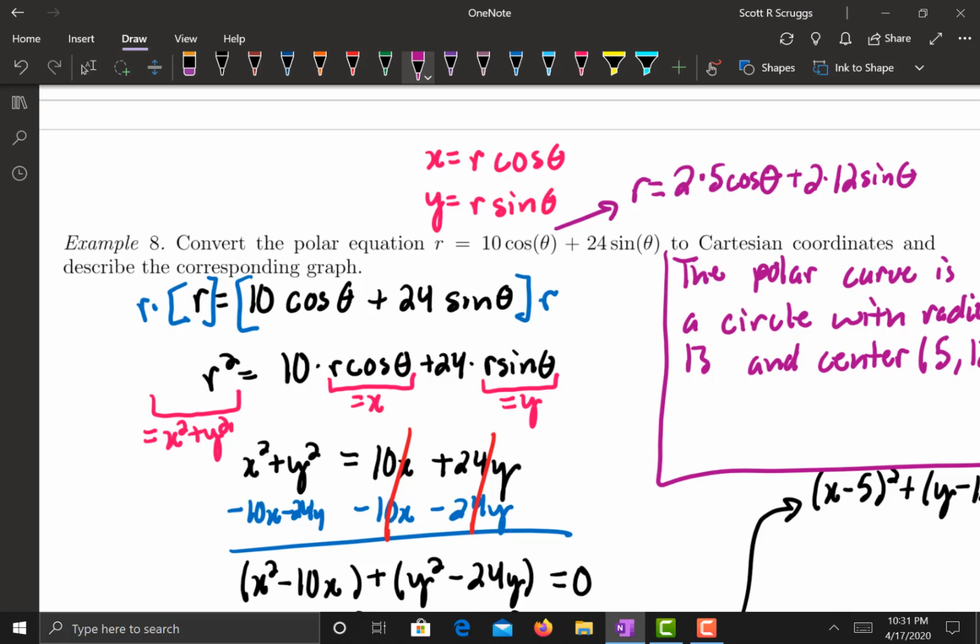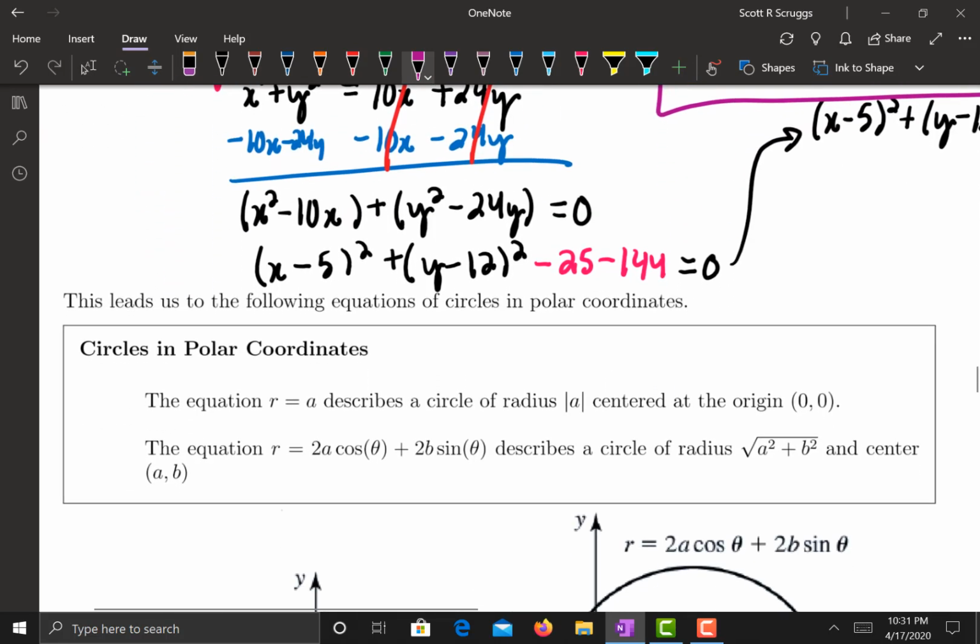So that form still played a part for that. And 169, well, that's definitely 5 squared, 25, plus 12 squared, which is 144. So we actually were able to play around with that for this.